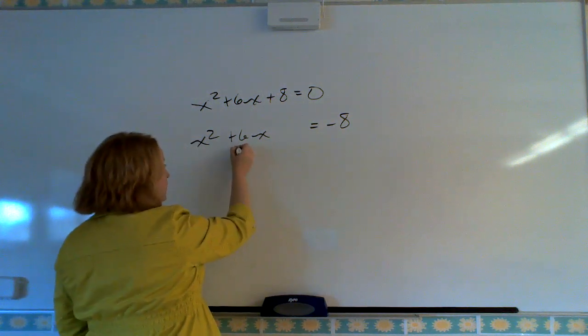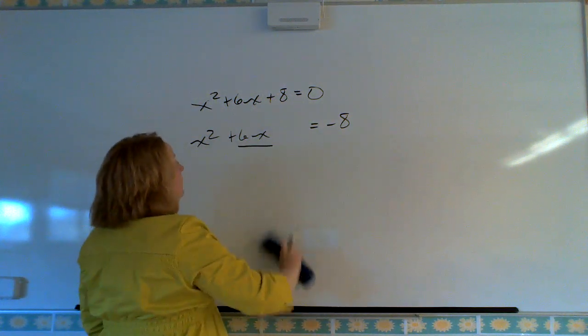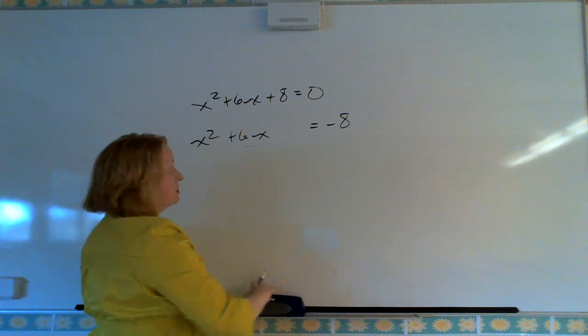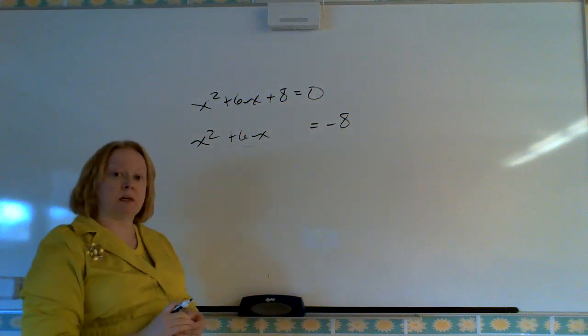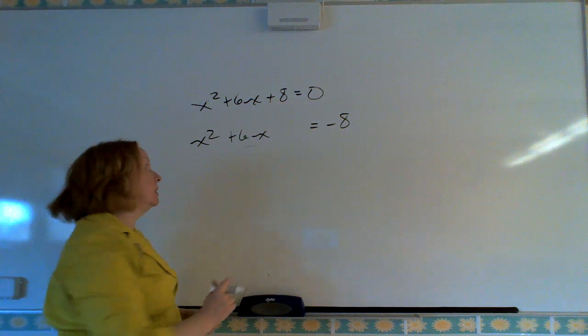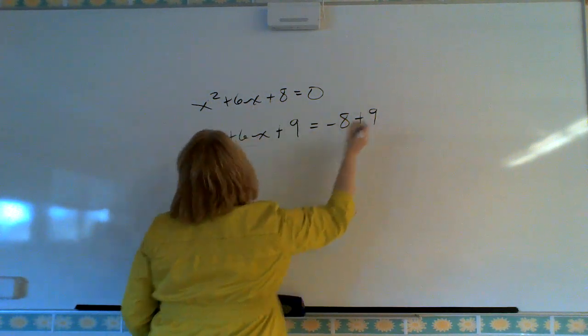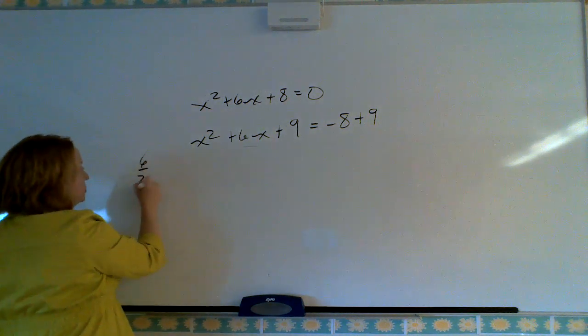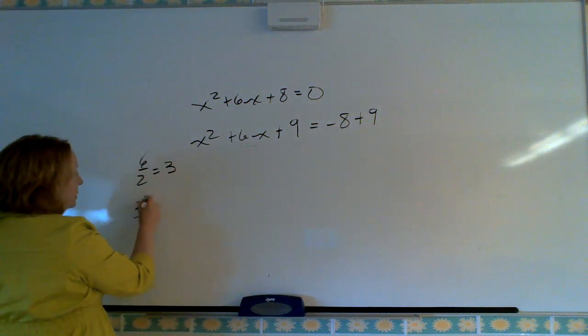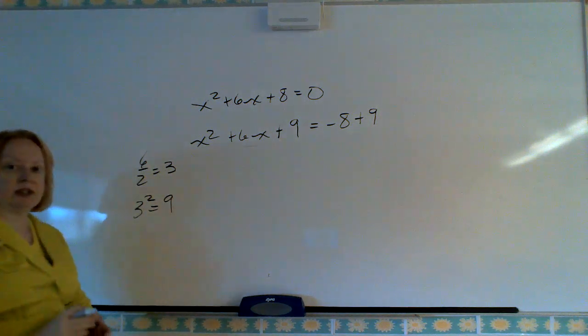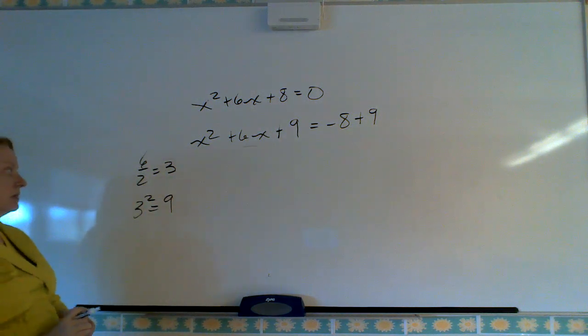Then I'm going to look at this 6 here and take half of 6, which is 3, and then I'm going to square it and add it to both sides. So it's going to be 9, because 6 over 2 is 3, 3 squared is 9, and that's what I'm going to add to both sides.